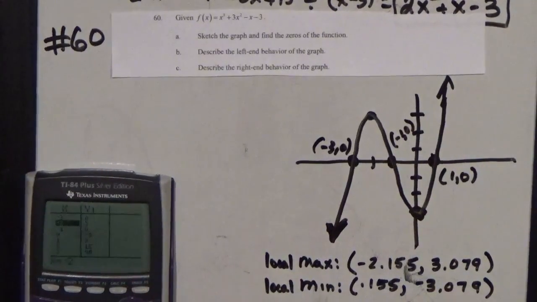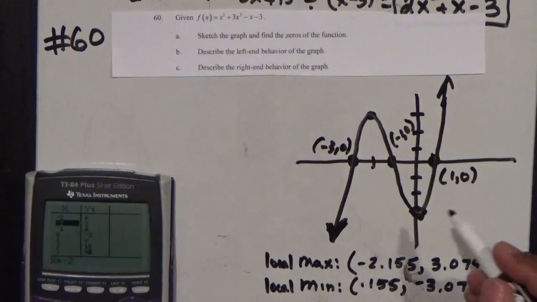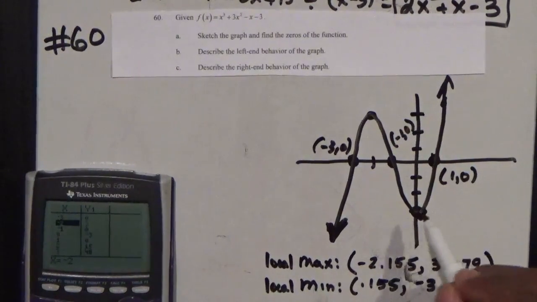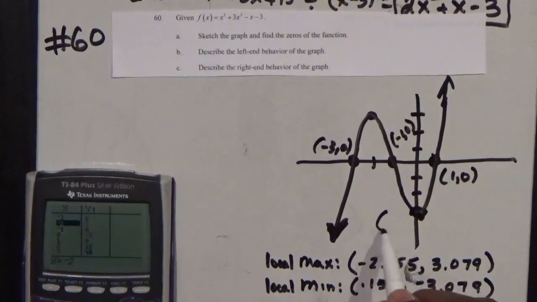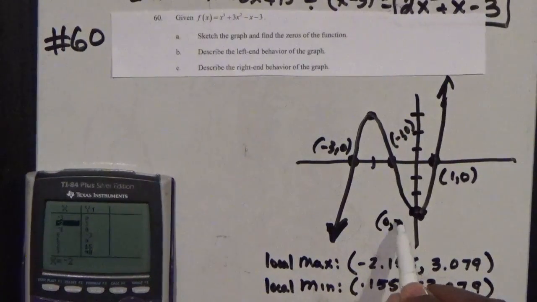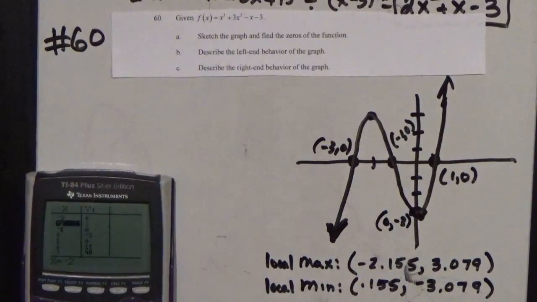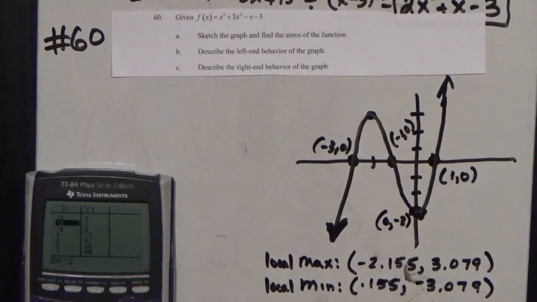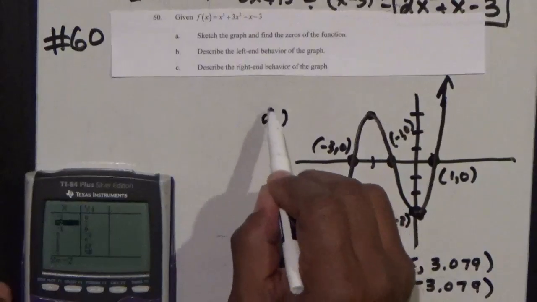All right, check and make sure those were right. Yep. You also have a point at 0, negative 3, your y-intercept. I think that looks good. All right, so that's all of A.